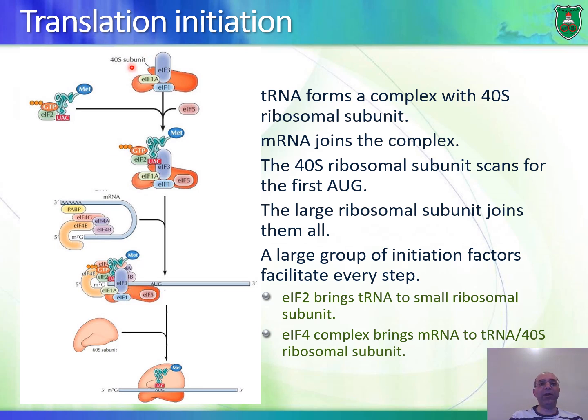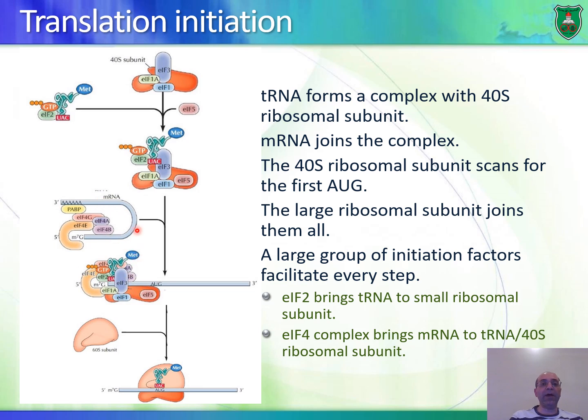You also have a number of initiation factors that associate with the small ribosomal subunit and the initiating tRNA that carries the methionine and has the anticodon CAU. So you have this association of this complex, which associates with the messenger RNA.